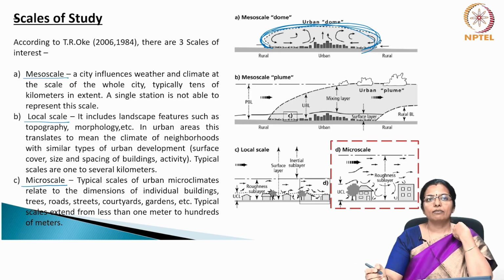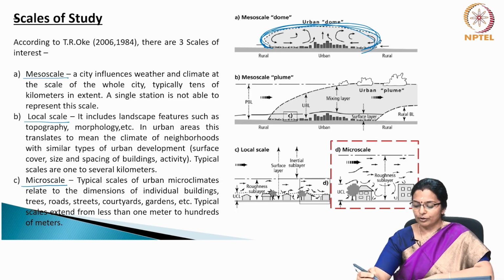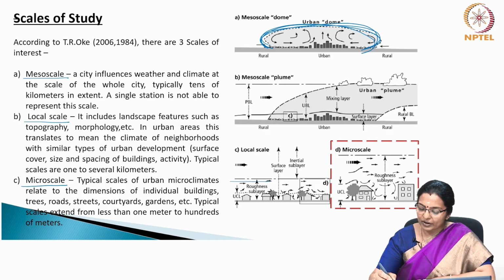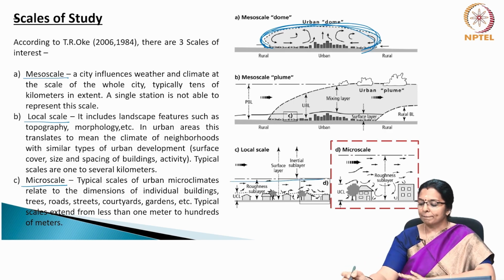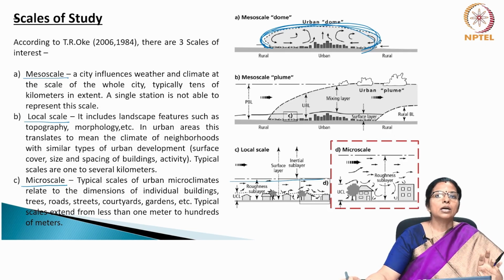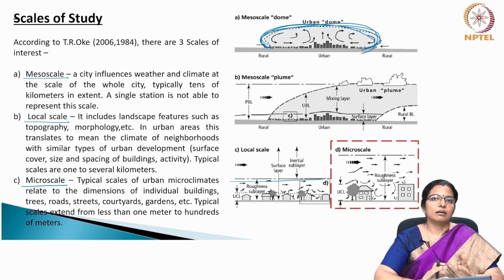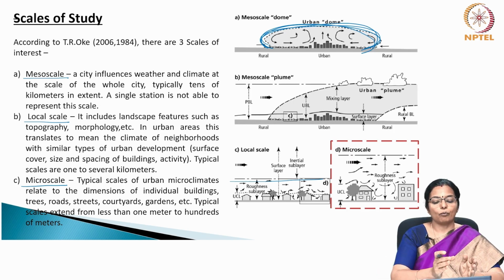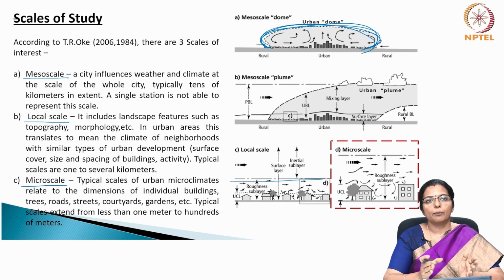Next, we study at a micro scale. If you look at local scale, it's very limited in area. Then we study micro scale. At micro scale, typical scales within the urban microclimate relate to the dimension of one or two buildings, between the two buildings, the trees, the roads, the street pattern, the greenery, courtyards, etc. All these are at micro scale.